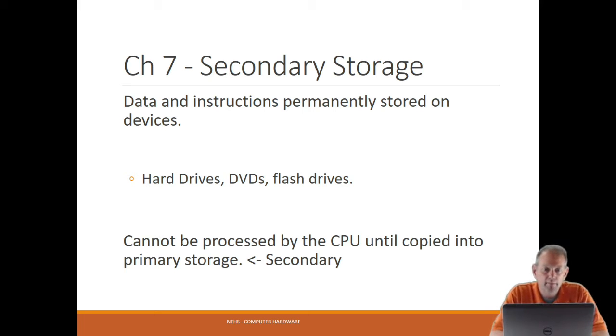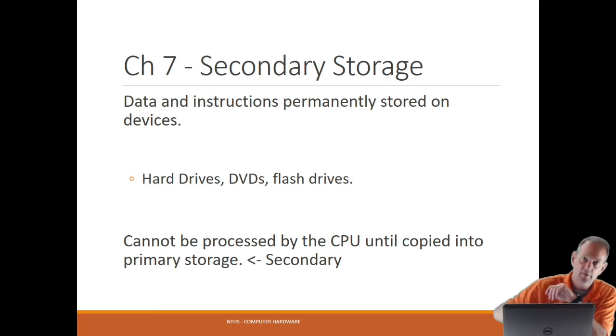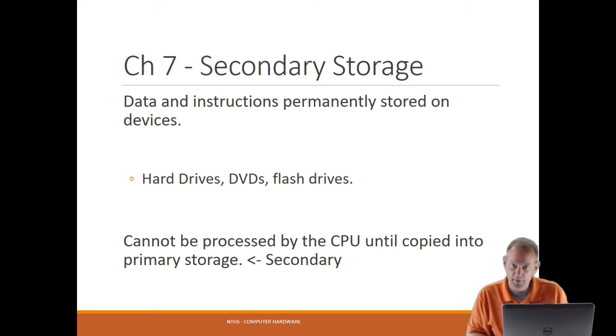Don't use those anymore, right? So secondary storage is permanent. It's long-term. It's slow as molasses as compared to memory. Thousands of times slower than memory, which is why CPU won't talk to it. It doesn't want to have anything to do with it. Motherboard can move stuff over there when it's ready. I don't talk to it because I'm the CPU, and I only talk to fast people.